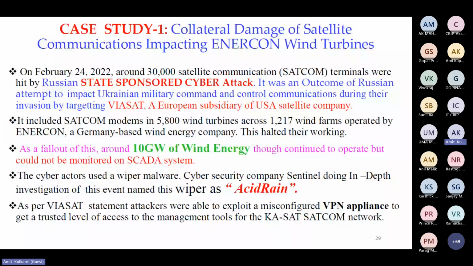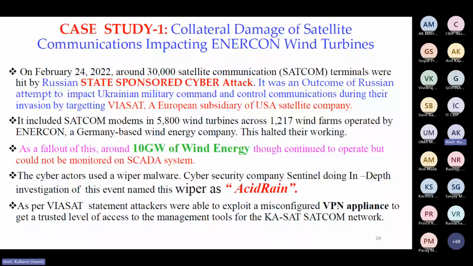They were supposed to attack the satellite system which is helping the Ukrainian army or Ukrainian defense forces, but the service provider giving services to the defense in Ukraine was one of the European companies having a US subsidiary, Viasat.